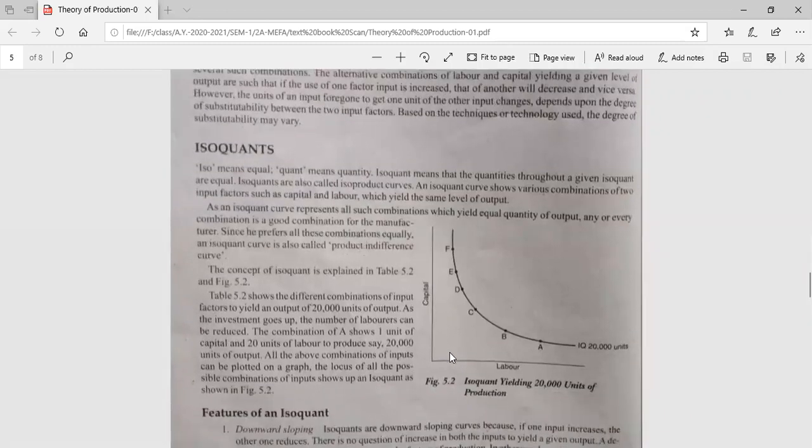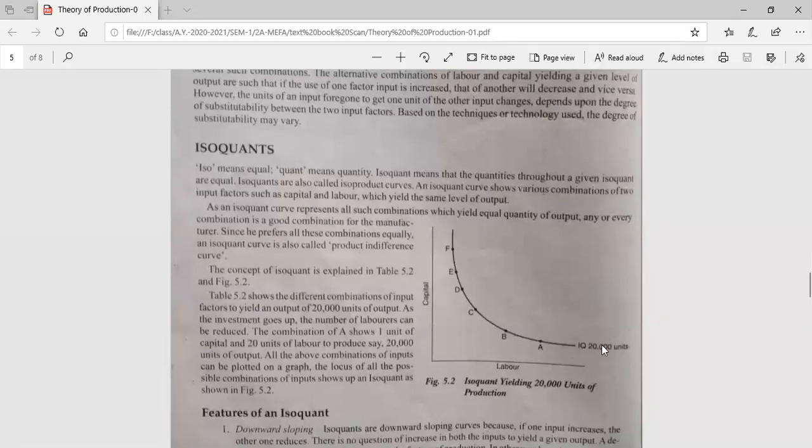See, here I am having a downward curve. I'm marking A, B, C, D, E, and F here, and I'm writing Q = 20,000 units. What is it? I want to produce an output of 20,000 units.